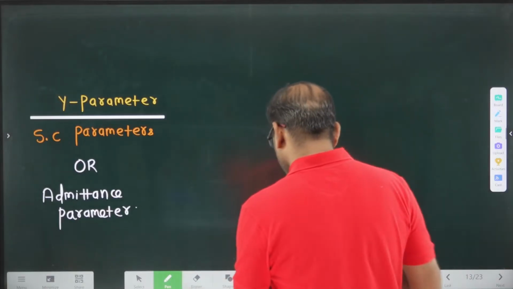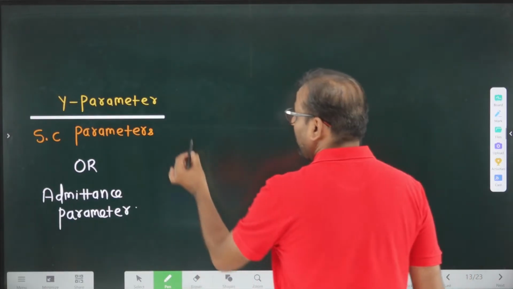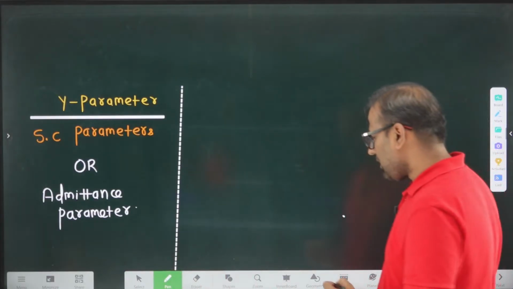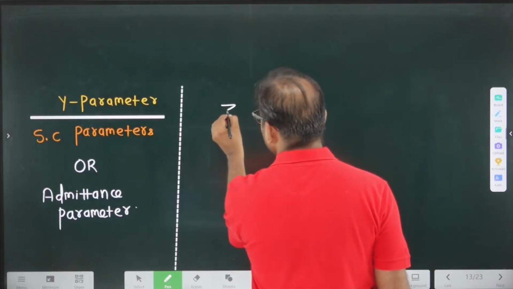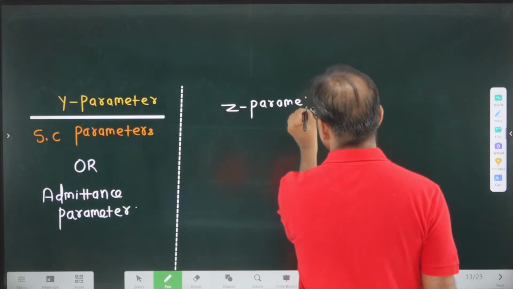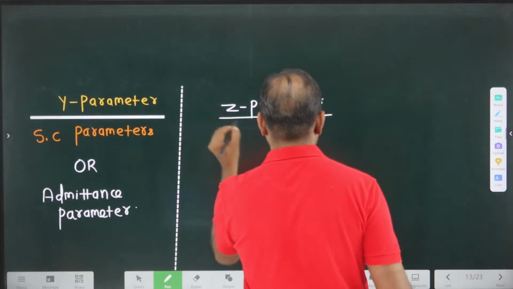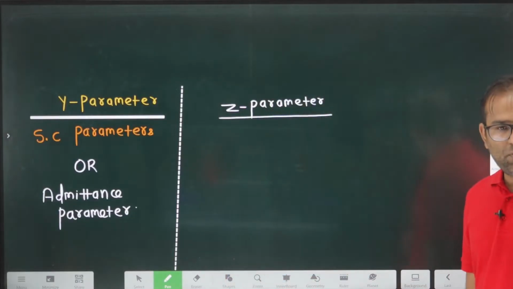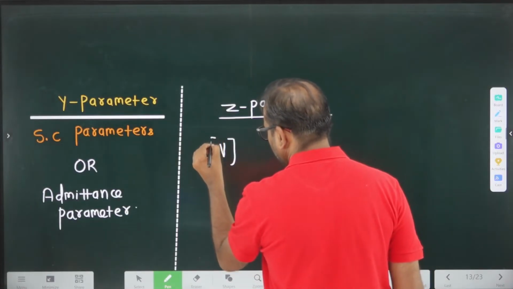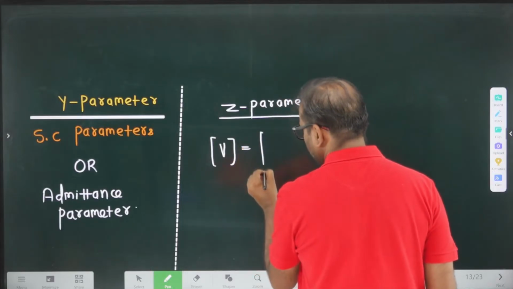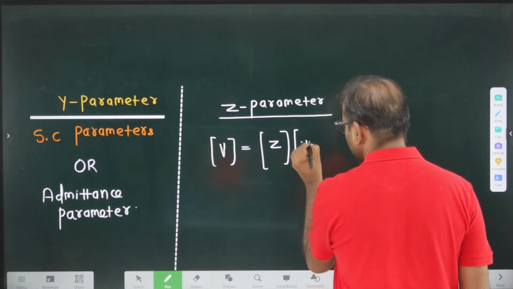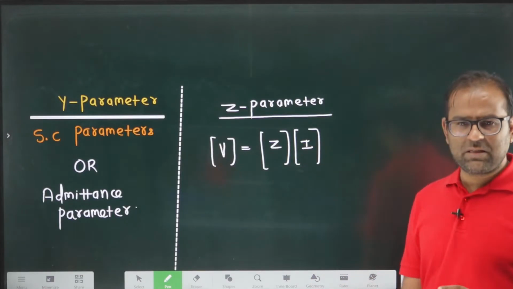Now what is one more thing about these parameters? Y parameter can be seen as the inverse of Z parameter. Means if I write the Z parameter equation like this, V is equivalent to Z into I. This is the equation for the Z parameter.